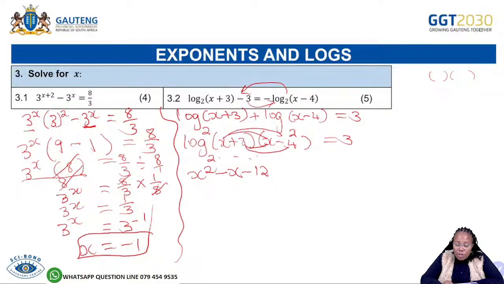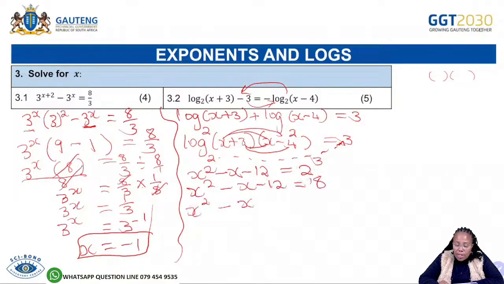And then these 2 now will go this side and become a base, and then that 3 goes to exponents. And then that will be x squared minus x minus 12 equal to 2 to the power 3, which is equal to what? 8, grade 12. That is x squared minus x. We take 8 to the side, it is minus 8. Minus 12 minus 8 is minus 20, equals 0.